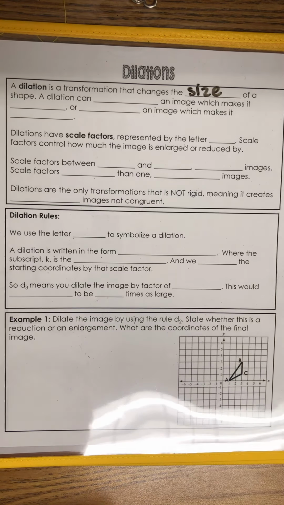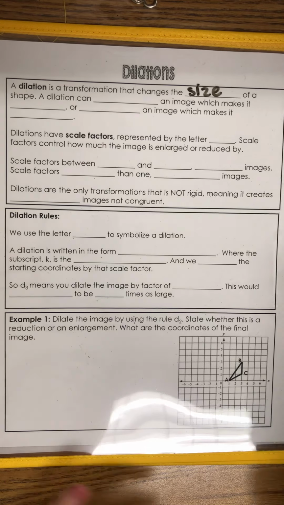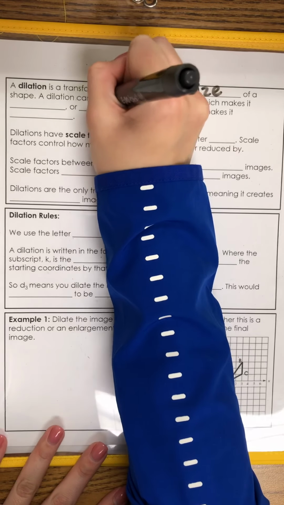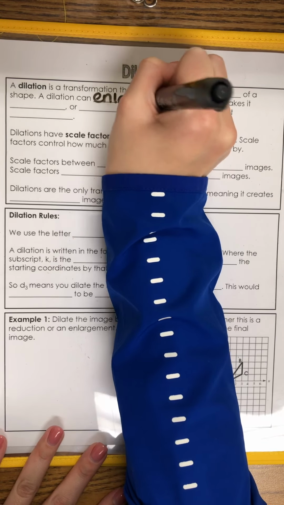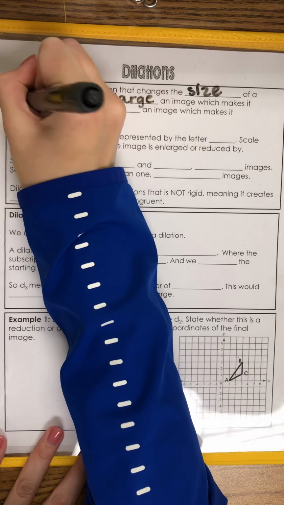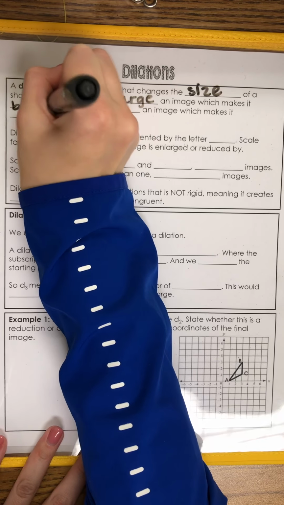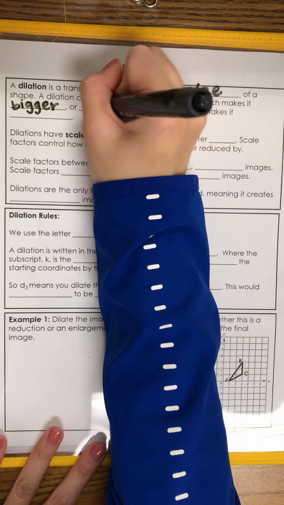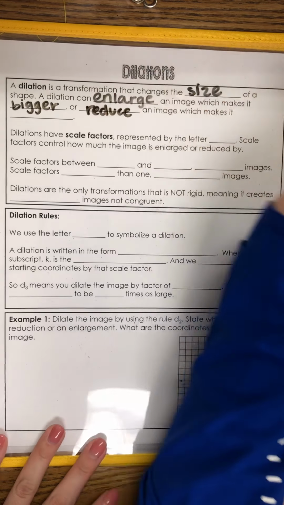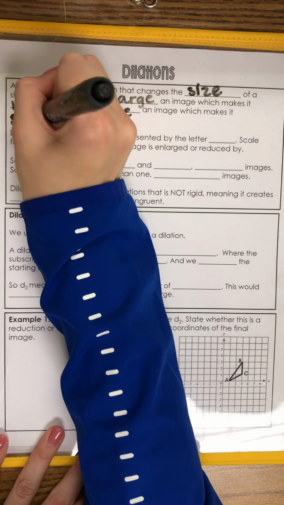Okay? So a dilation can enlarge an image, which means it'll make it bigger, or it will reduce the image, which makes it smaller.